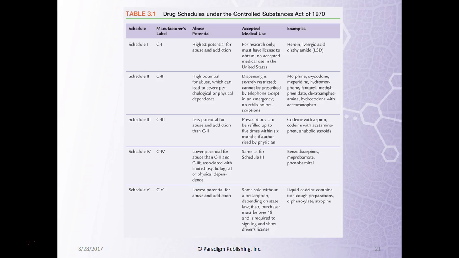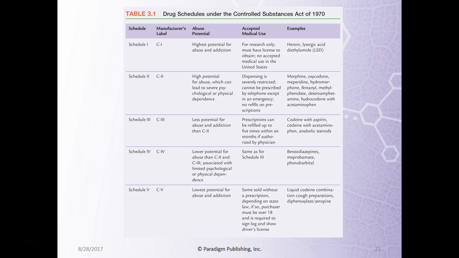Your Schedule 3s, codeine with aspirin, Tylenol number 3, your anabolic steroids. C4s, benzodiazepines, meprobamate, phenobarbital, carisoprodol, which is Soma. There's a few others that fall into that category. And then your C5s, that will depend on your state as to if it requires a prescription or not, if it has a limitation of 5 refills.